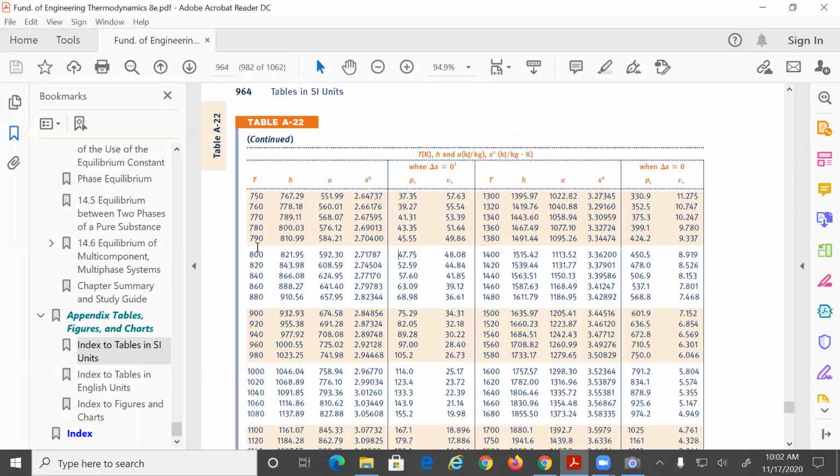So write down interpolating from table A22. We have to look at, what is the value we have? 45.05. So 780, 790.